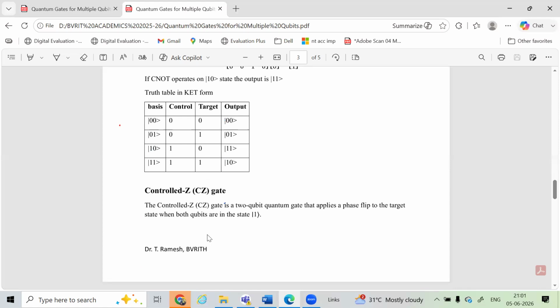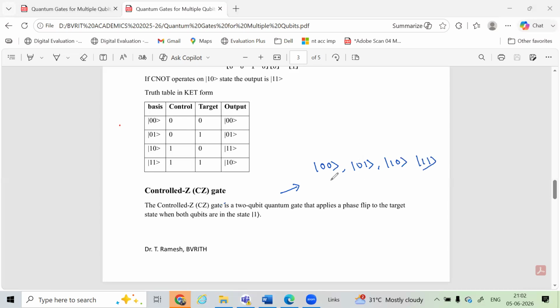Similarly, we have one more gate, one of the easiest gates, the CZ gate, called the controlled Z gate. The advantage of the controlled Z gate is that we use it whenever we require only the phase change of a particular state without changing the other states of the 2-qubit system. As I mentioned, we have 4 states for the 2-qubit system: 0 0, 0 1, 1 0, 1 1.